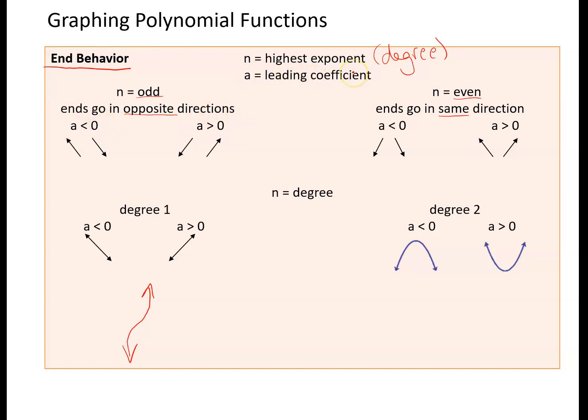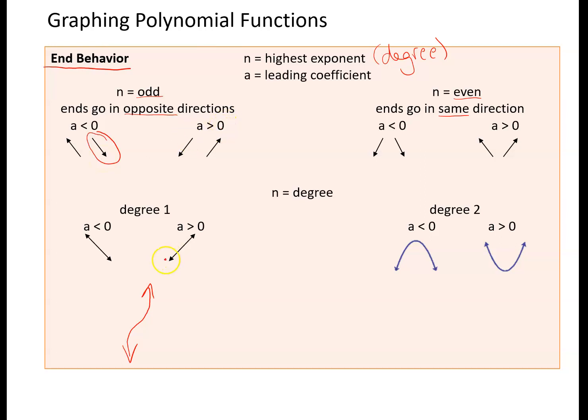A is my leading coefficient. If a is negative, less than 0, the right end, always think about the right end, goes down. Okay? It falls because if it were degree 1, that would be your slope, and it causes the line to fall. So if you can think about what a negative slope does, that's going to help you learn that when a is negative, the right end falls.